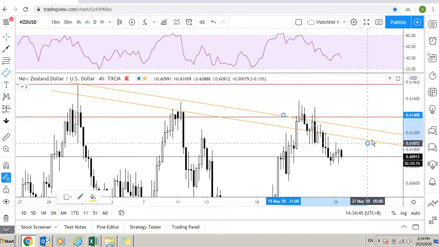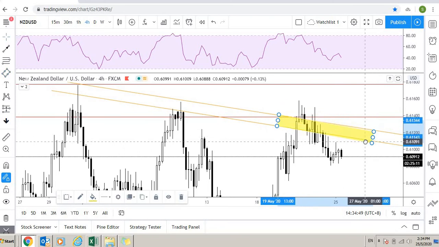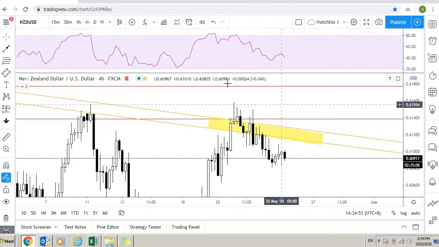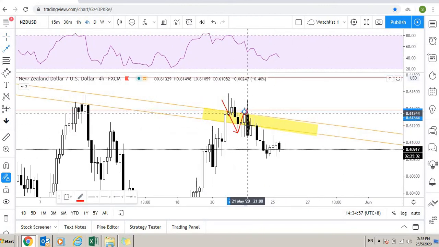So this is the area. This yellow color is the downtrend resistance zone. From this area we can see we have a minor pullback.